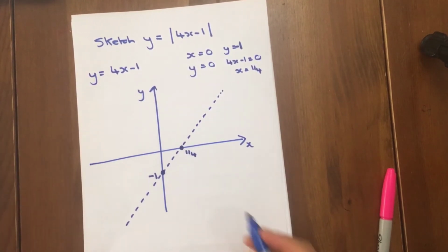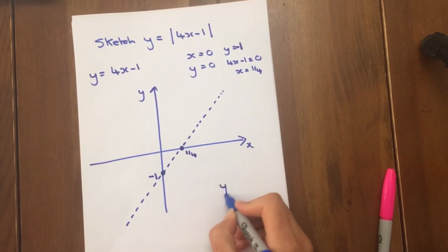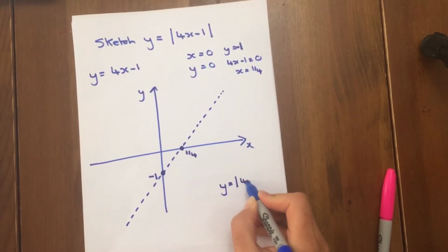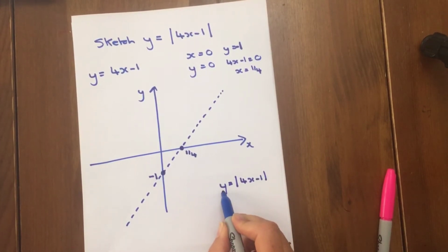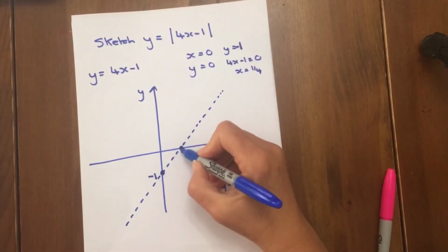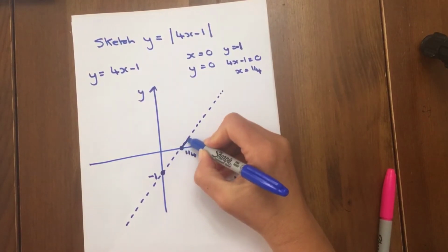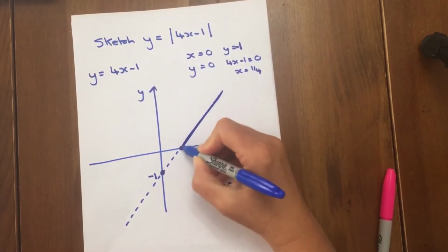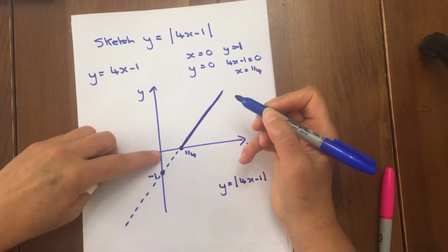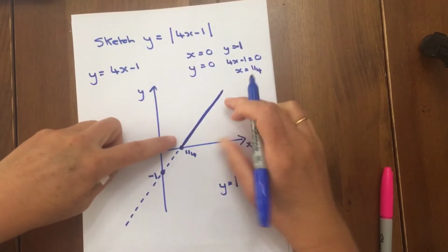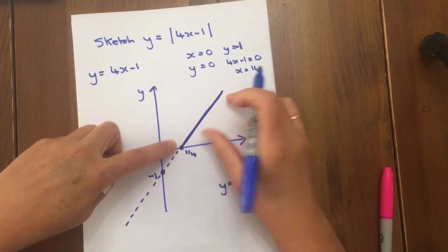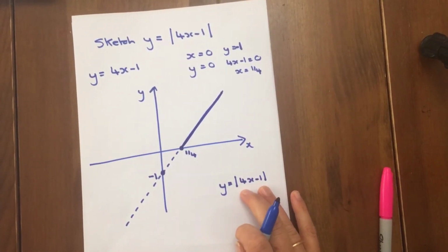Now, if I put a modulus sign in now, y equals the modulus of 4x minus 1, this means that y cannot be negative. I cannot have any negative values for y. So, all my positive values of y, i.e. everything above the x-axis, so y goes from 0 upwards, will stay exactly the same, i.e. when 4x minus 1 is positive.